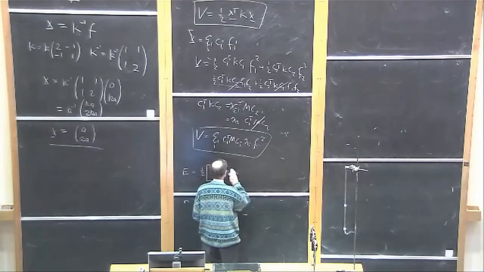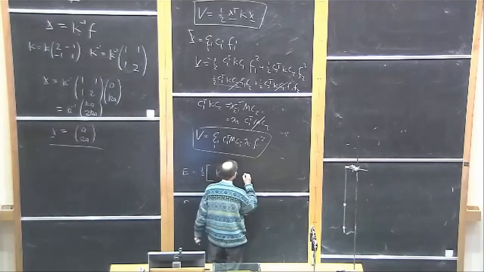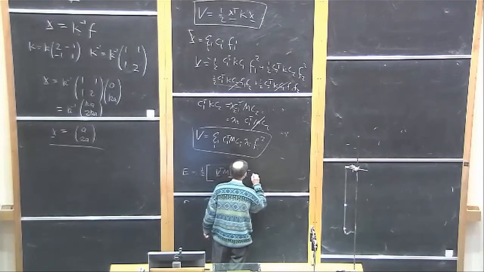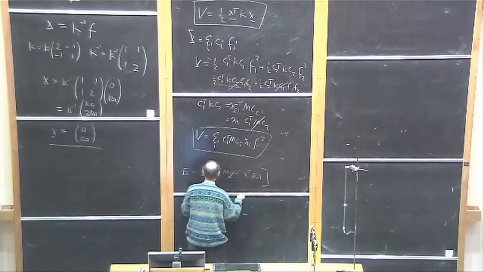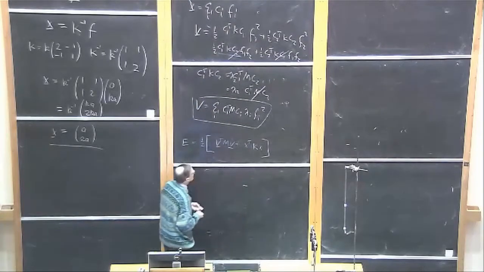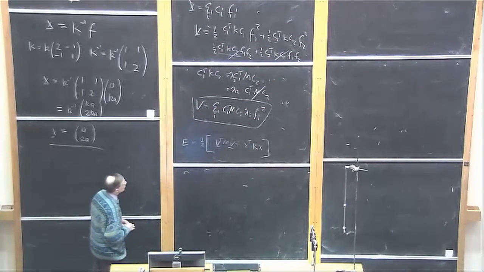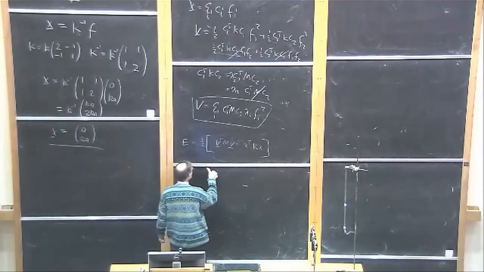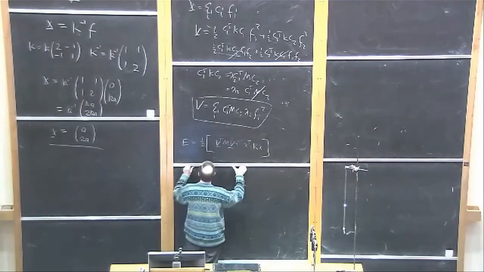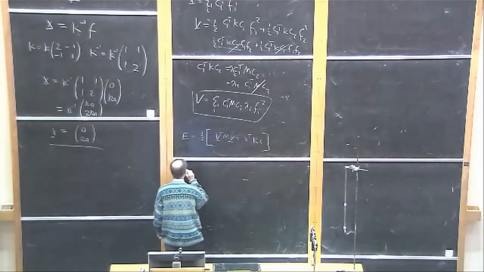V1 transpose mv plus x transpose kx. So that's the general form of the potential energy in terms of positions. But interestingly, it splits up into modal energies.